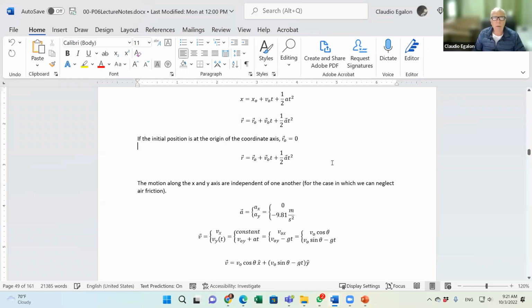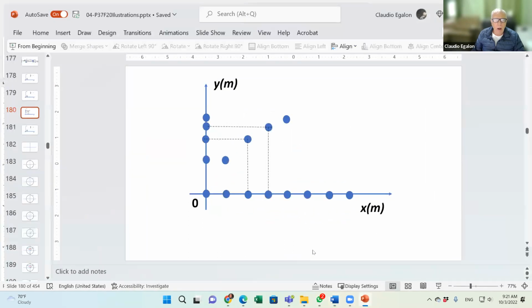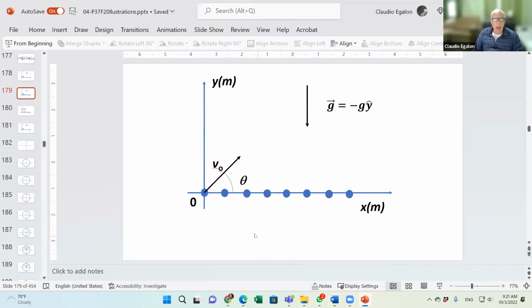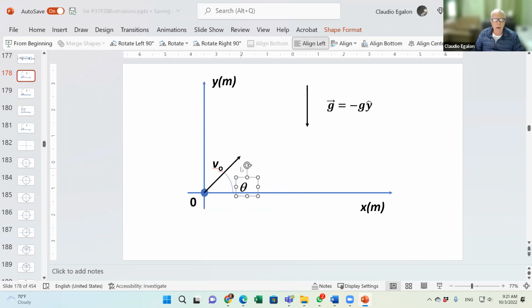And this term disappears. In the case of your initial velocity, you have an x component for the initial velocity, and you have a y component of the initial velocity.